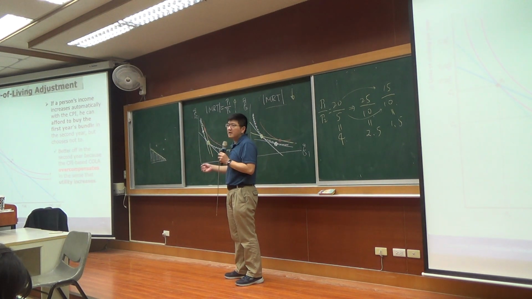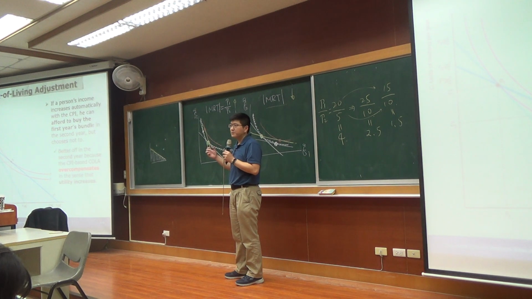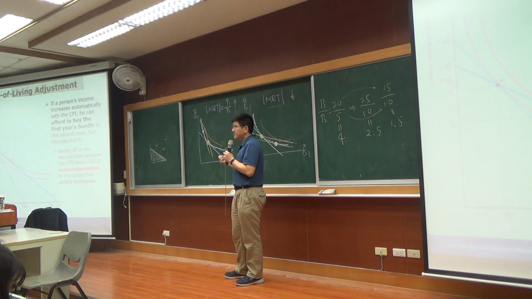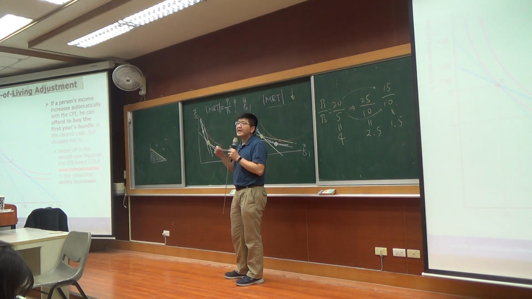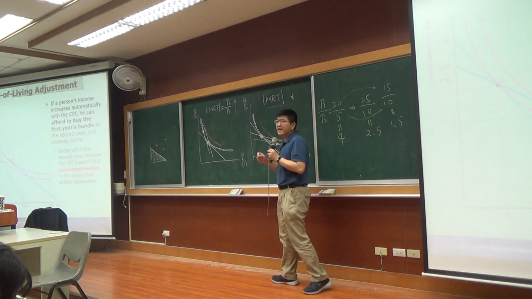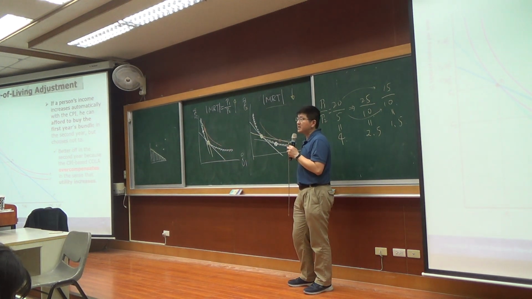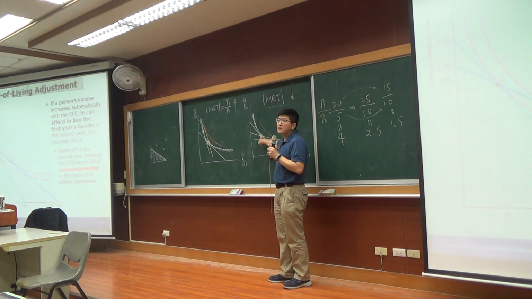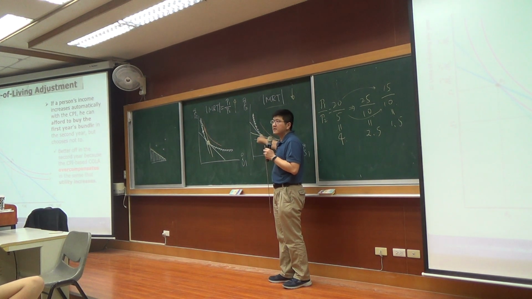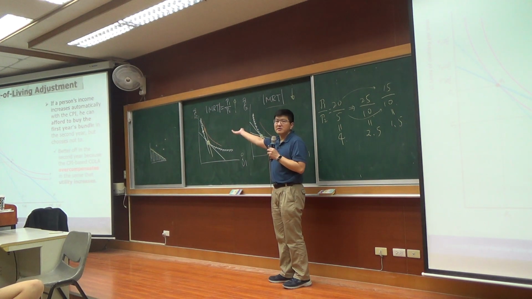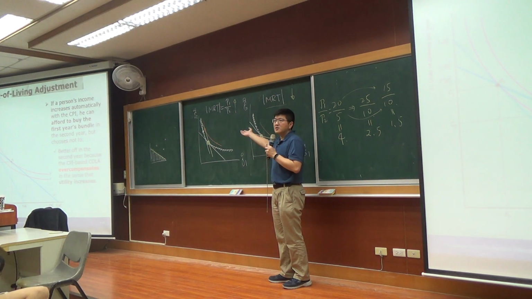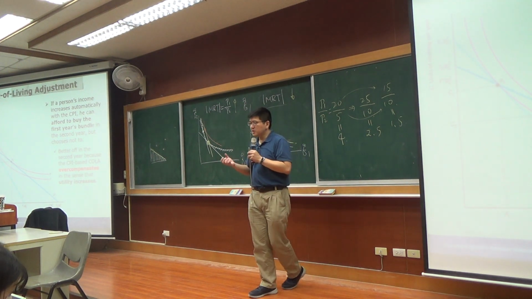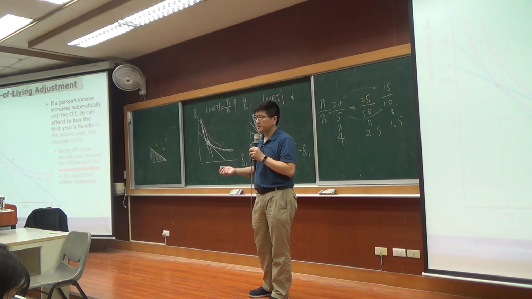However, I don't know the exact form of your indifference curves. But I can observe what you have consumed at some time before, right? So I may observe your consumption bundles.